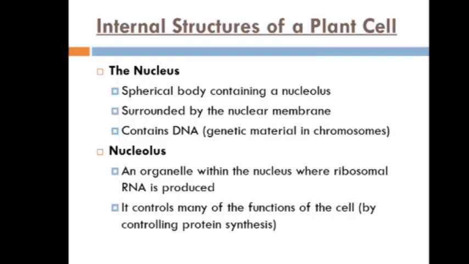There are different types of RNA: ribosomal RNA, transfer RNA, and messenger RNA. But the ribosomal RNA is produced in the nucleolus. And also the nucleolus controls many functions of the cell, by controlling what? Protein synthesis.